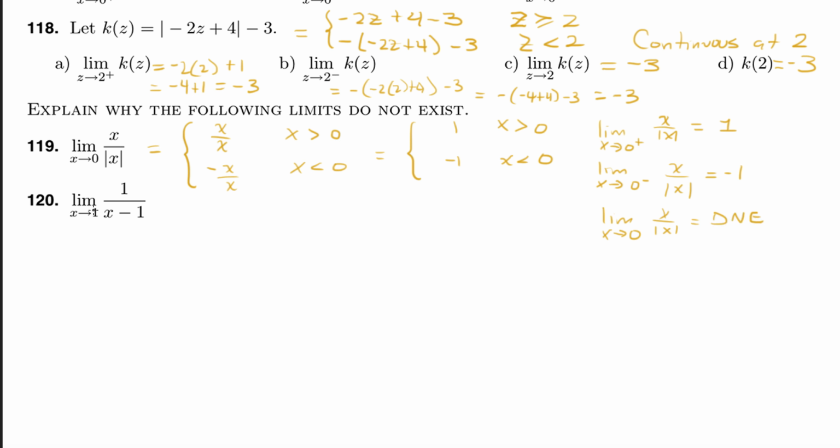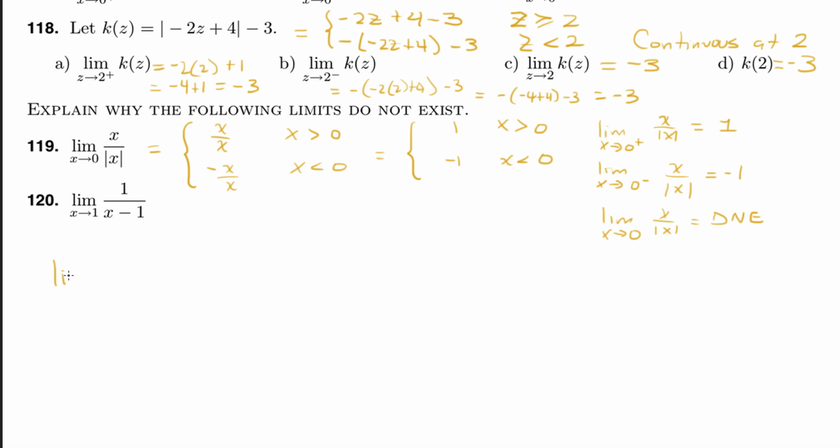Now, for this one, it's tricky because if you plug in 1, you get 1 over 0. Okay? Now, 1 over 0 is undefined, right? But in the limit, we can find what the limit is by plugging from the right of 1 and from the left of 1. Okay?